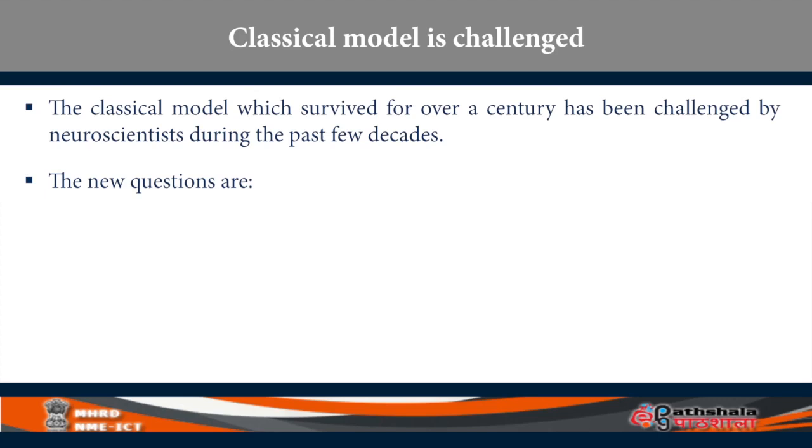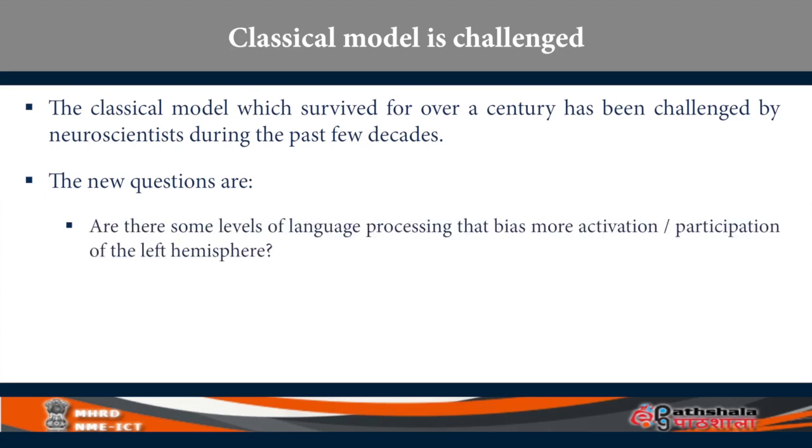Is it possible that there are some levels of language processing that bias more participation from the left hemisphere? Is it possible that when you are involved in deep semantic level analysis or syntactic level analysis, the left hemisphere plays a role, but not otherwise?